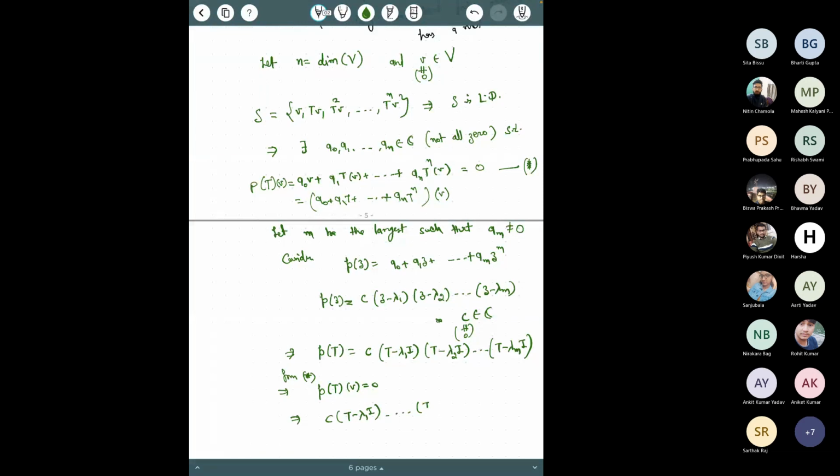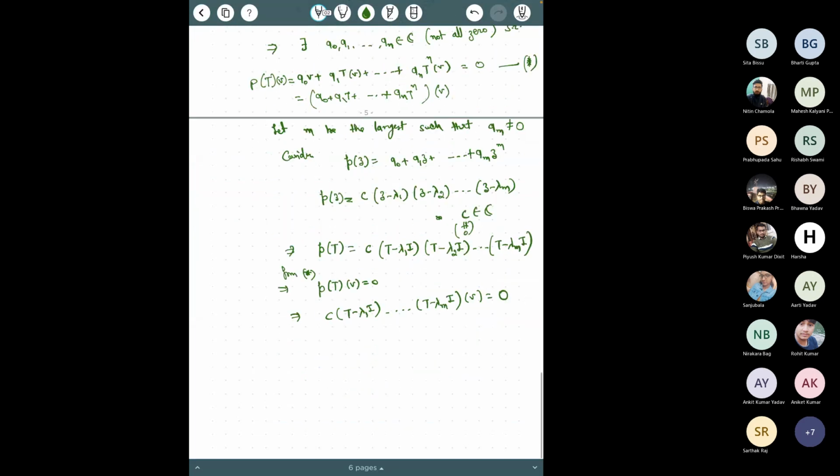Is it okay? But then from here, what can you say from this expression? C is not 0, so you can remove this also. C is not 0, so this is 0. What can you say from here?